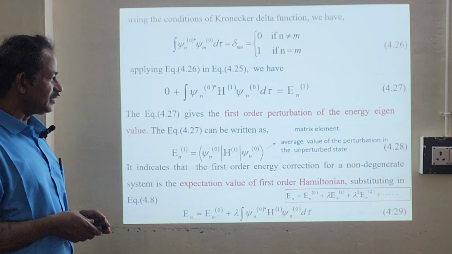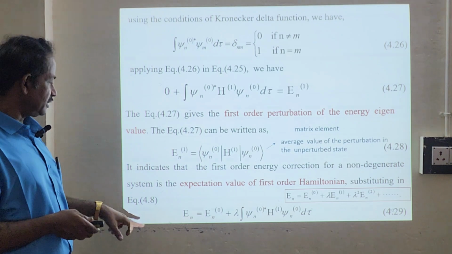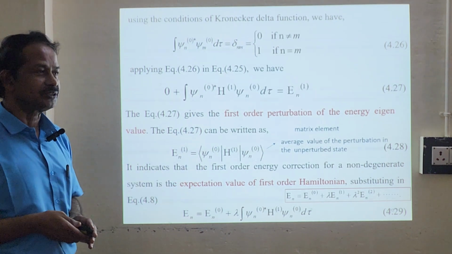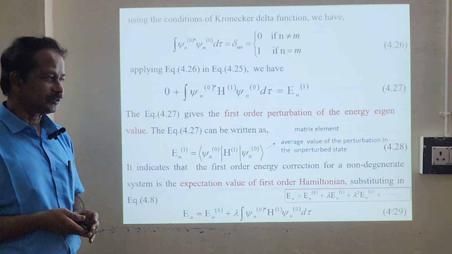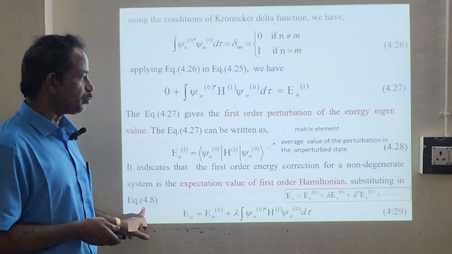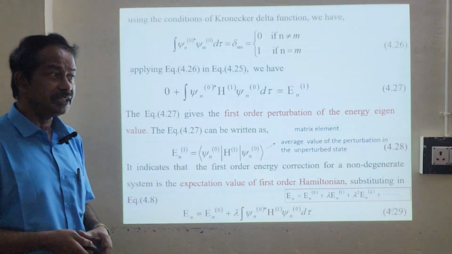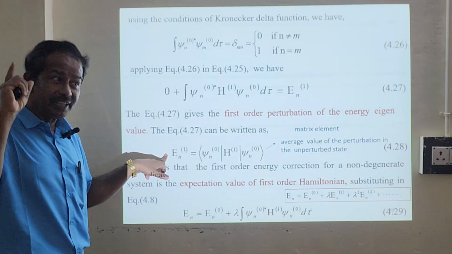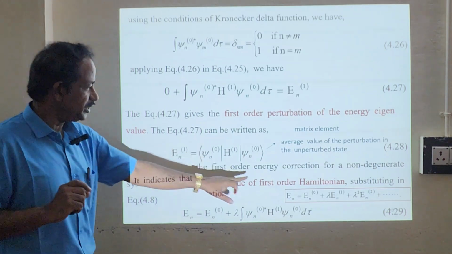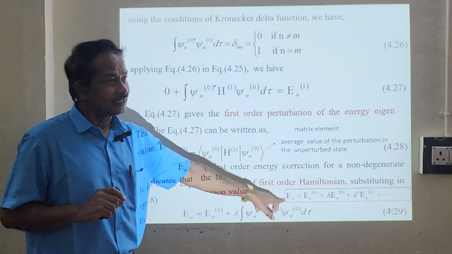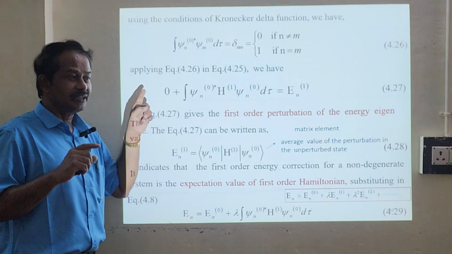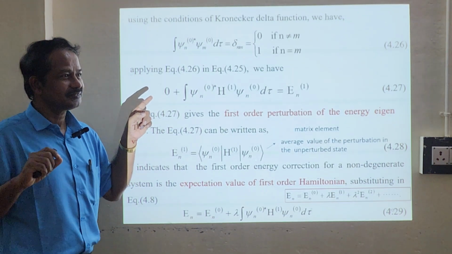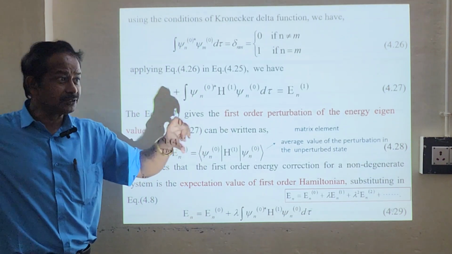So it indicates that the first order energy correction for the non-degenerate system is nothing but the expectation value of the first order Hamiltonian. And substituting in 4.8, so this is equation 4.8. This is En1 alone. We need to have the complete energy En. That is our eigenvalue equation. Can you remember? H psi n equals En psi n. So En stands for the complete total energy.